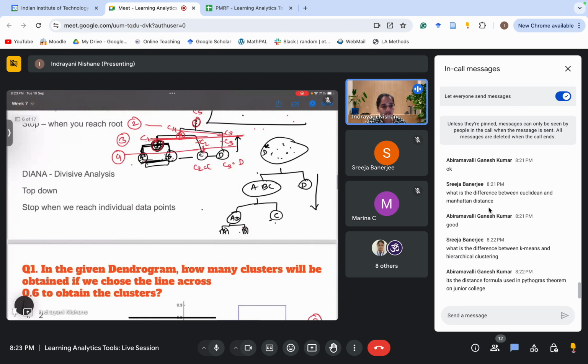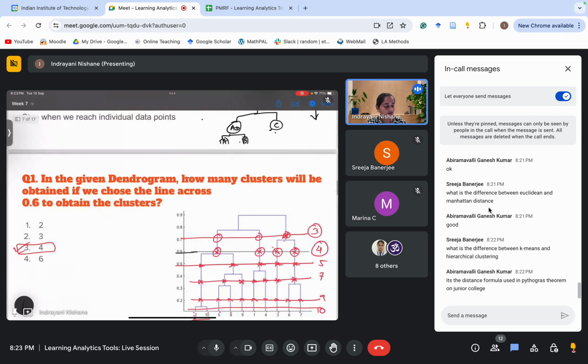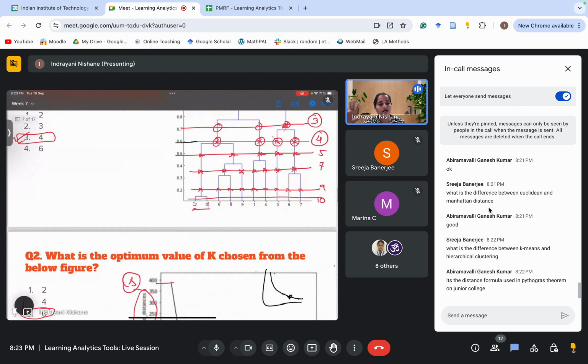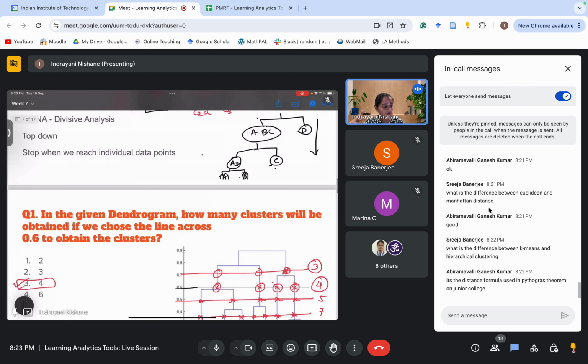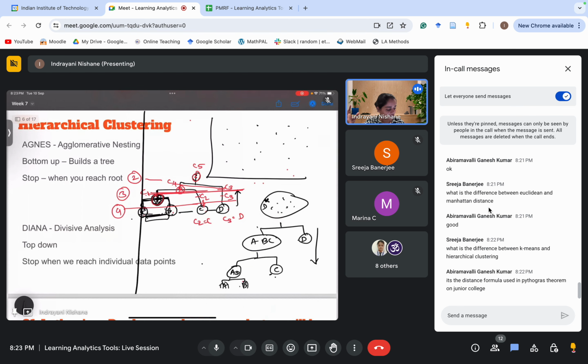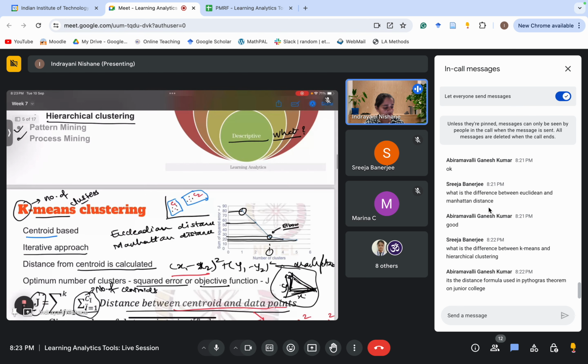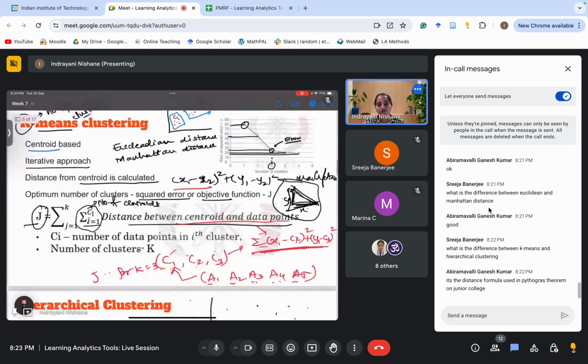So in k-means we compute all the centroids again and again. There is a pre-decided number of centroids, and in hierarchical clustering there is a stop point and start point which is already pre-decided. So these are the differences between hierarchical and k-means clustering. We decide how many clusters we want.